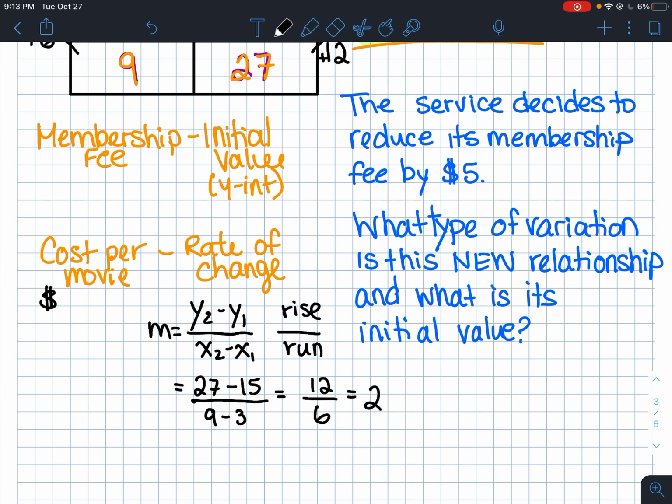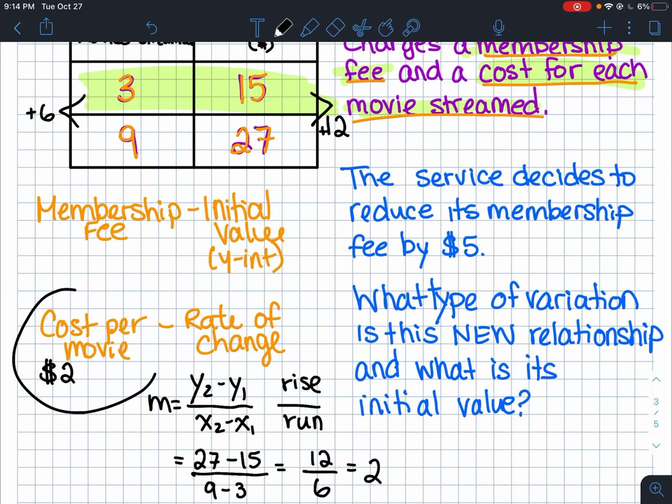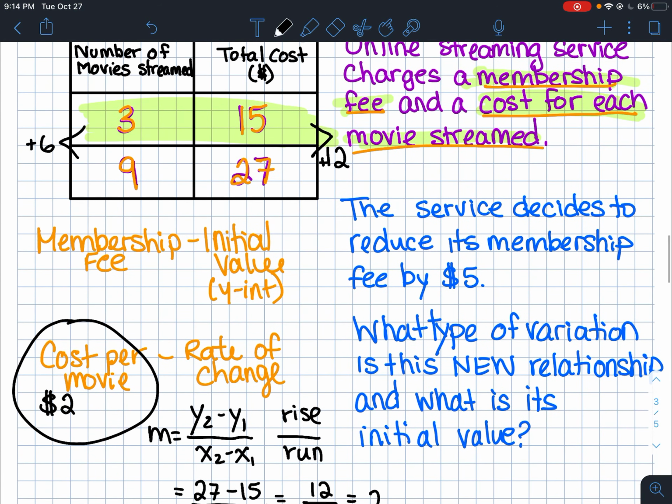So the cost per movie is $2, which means the membership fee must be a lot. If you're renting 3 movies and it costs you $15, well, since it's $2 per movie, 3 movies times $2 per movie would cost you $6. But you're actually paying $15. So 15 take away 6 would give you your membership cost.